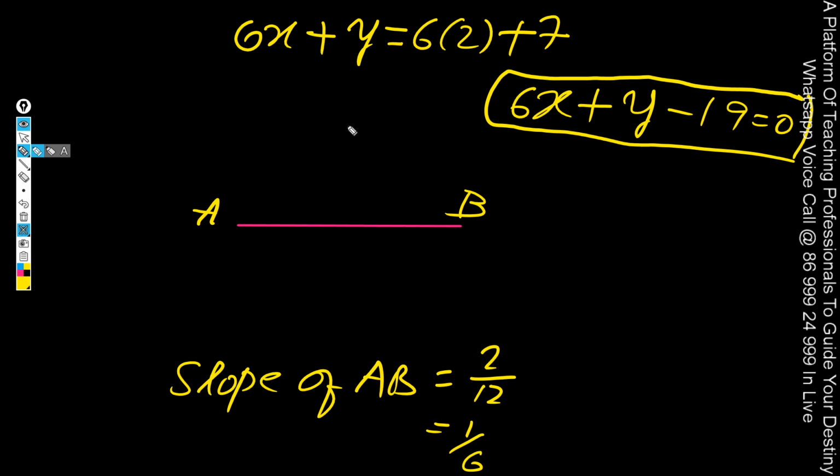This is one point, this is another point, and this is one more point, and this is the midpoint, and this is one more point. All these points are equidistant.